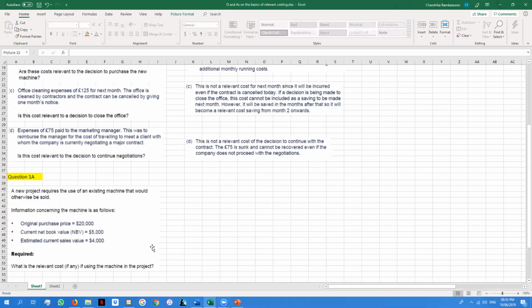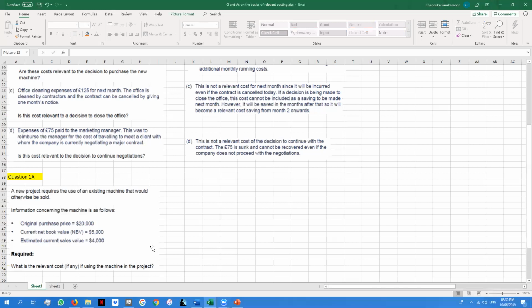The financial accountant may have issues with that machine being sold for 4, because he would think that the net book value is 5. So if we were to sell this for 4, we're going to make a loss on disposal of 1,000. From a financial accountant point of view, he's right. There will be a loss on disposal. But that's from a financial accountant viewpoint.